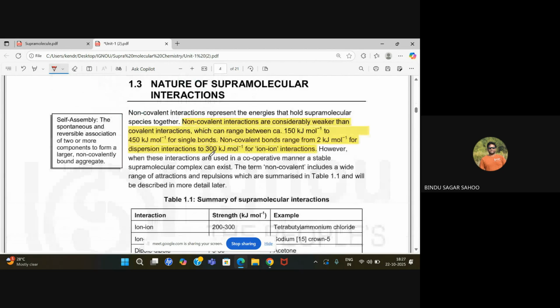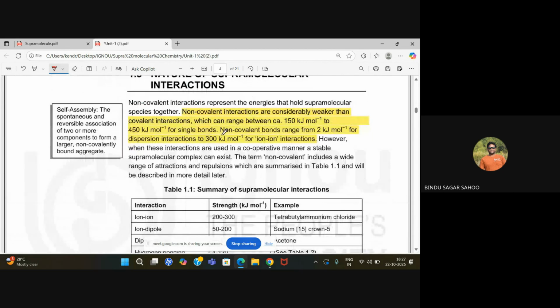You can see these types of non-covalent interactions and what their binding force or binding energy is. Initially I told you non-covalent interactions are generally weaker than covalent interactions, and also weaker than ionic interactions.